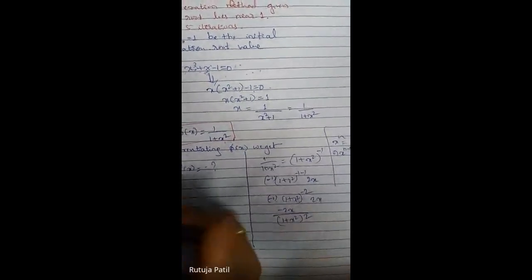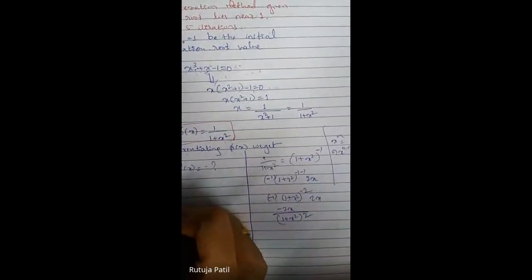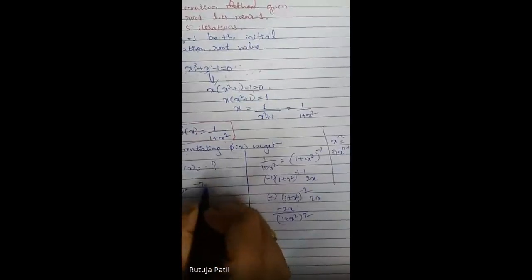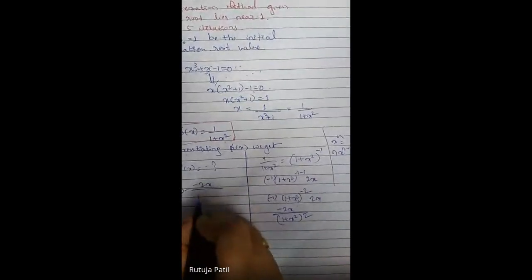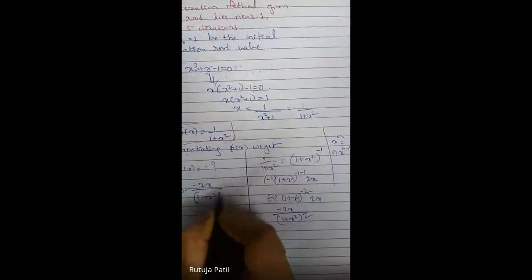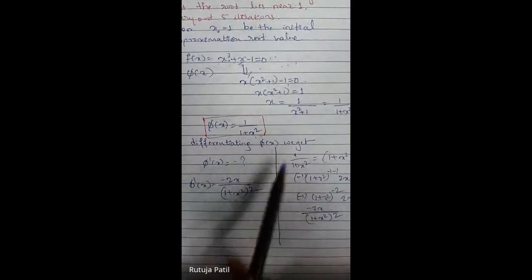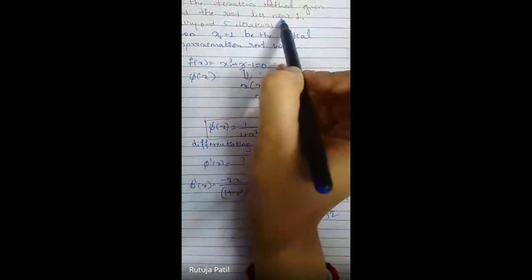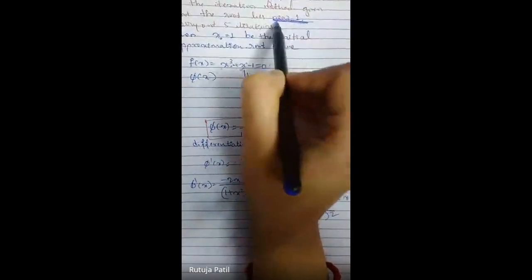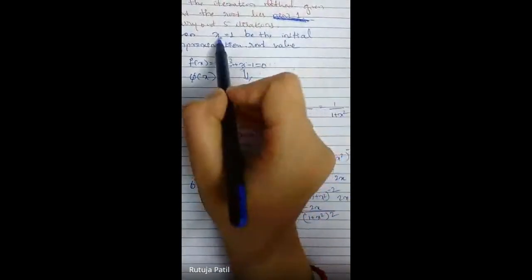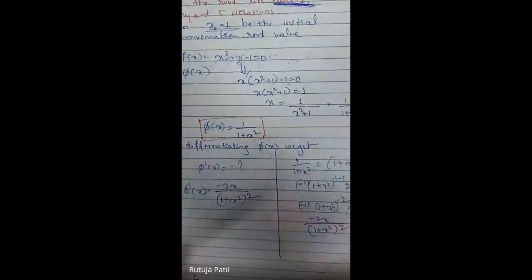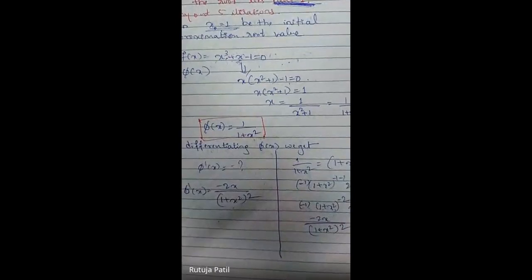So psi dash of x is nothing but minus 2x divided by 1 plus x square whole square. Now we have to check x naught, which they have told is near 1, that is x naught is 1. So put x naught equals 1 in this and check whether we get a positive or a negative value.